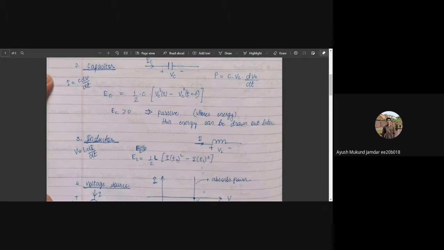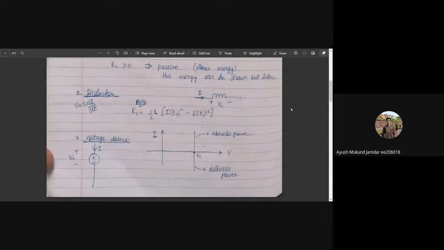For that, VL will act as a battery with VL positive. So as you can see, when current increases, VL will be positive, and hence V is L di by dt. On integrating the power to get energy, you'll get that energy is half Li square, and from there one can find the energy and power through the inductor.